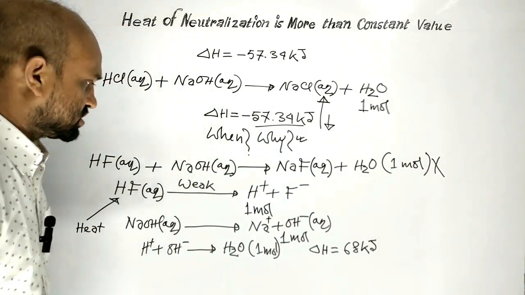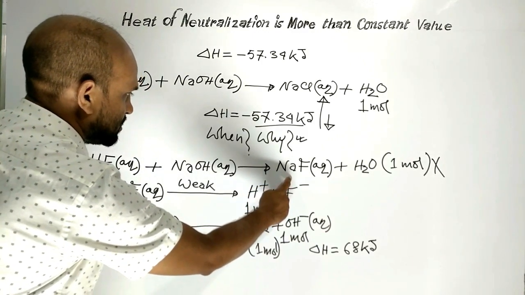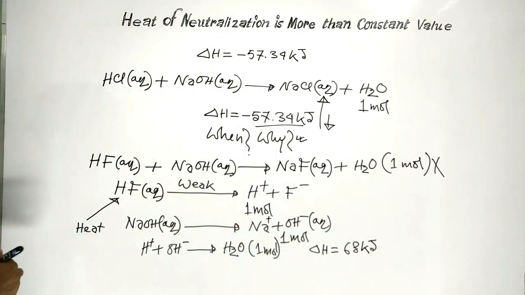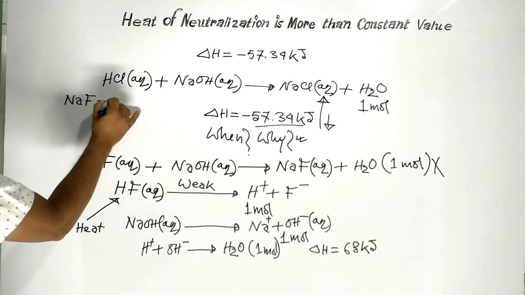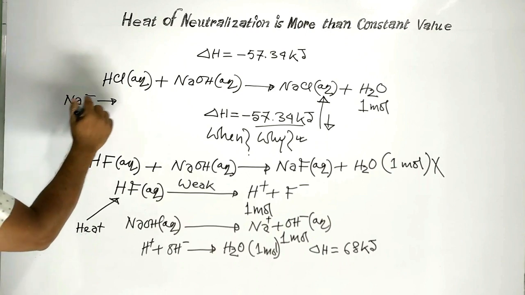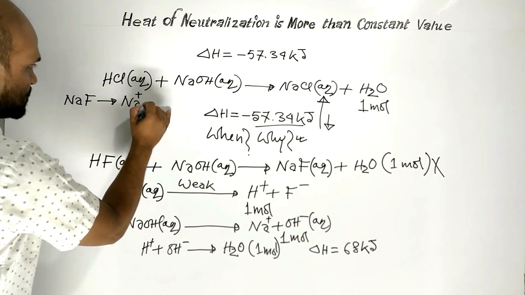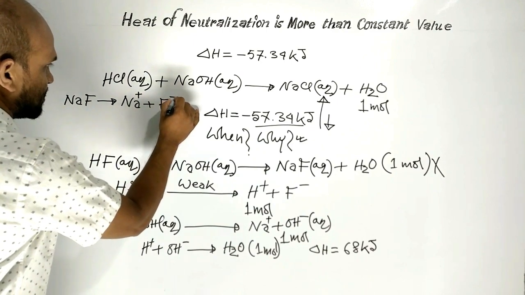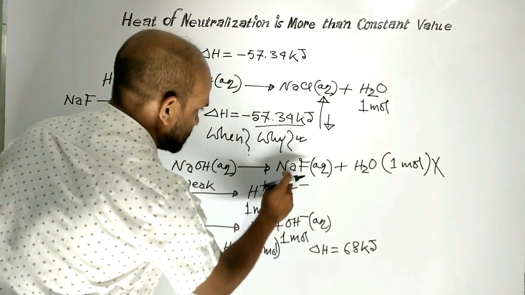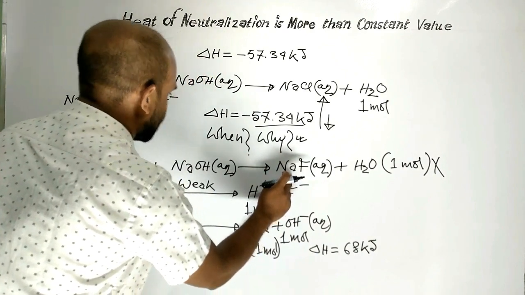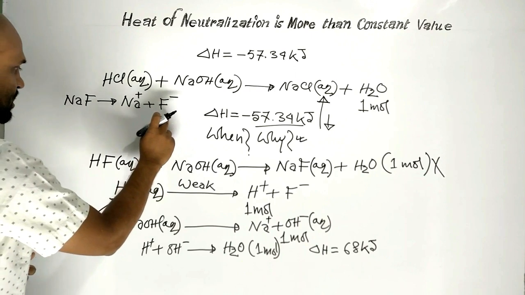Here we got that sodium fluoride is a kind of salt which is a strong electrolyte that ionizes fully to form sodium ion and fluoride ion. That is, sodium fluoride remains as ions, sodium ion and fluoride ion.